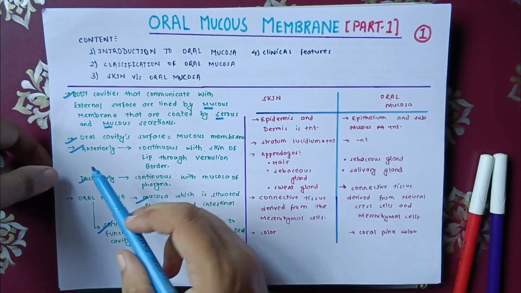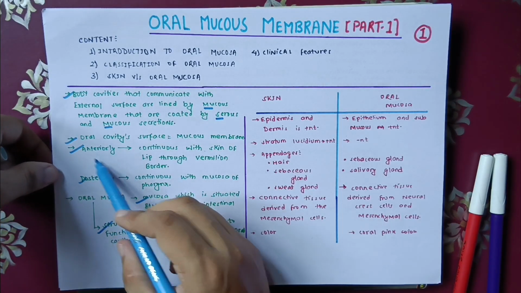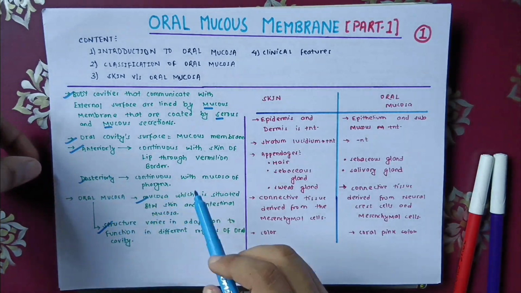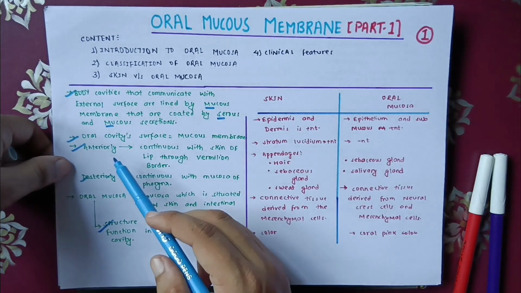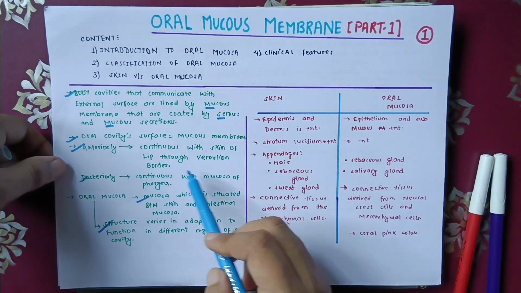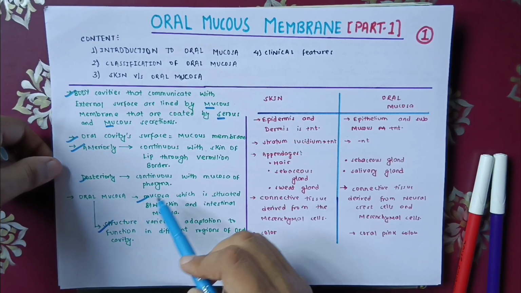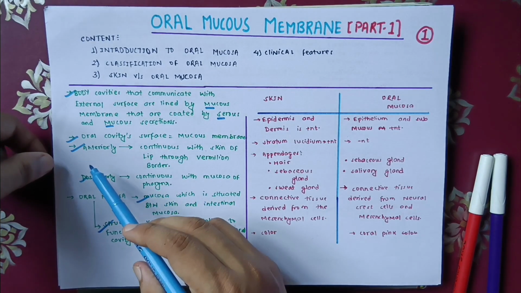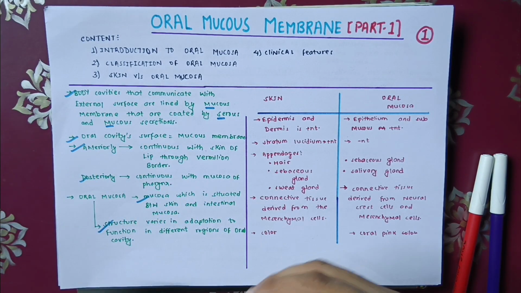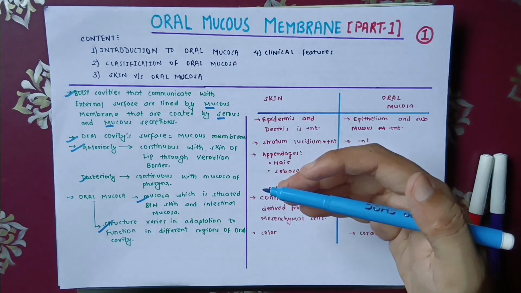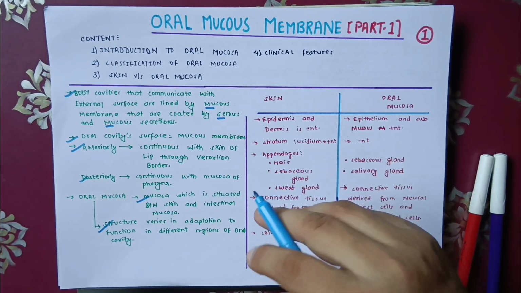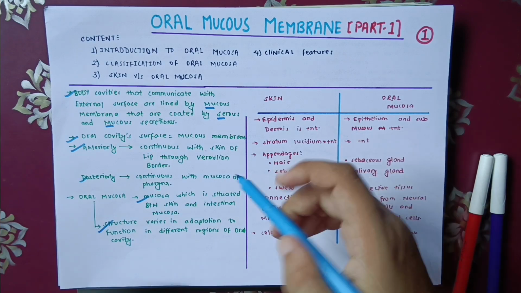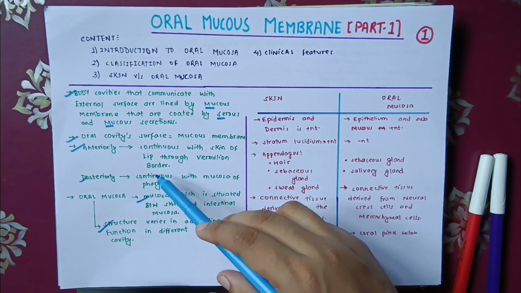After that, in another point, there is written the boundary of this oral mucous membrane. In the boundary section, in the anterior portion it is continuous with the skin of the lip through the vermilion border, and posteriorly it is continuous with the mucosa of the pharynx. So this is the boundary. In the anterior portion it is linked with the skin of the lip through the vermilion border.